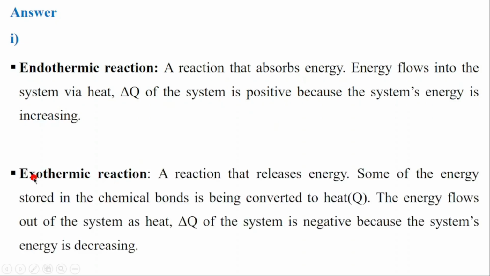Exothermic reaction, contrary to endothermic reaction, is a reaction that releases energy. Some of the energy stored in chemical bonds is being converted to heat. Then we are losing heat in an exothermic reaction.